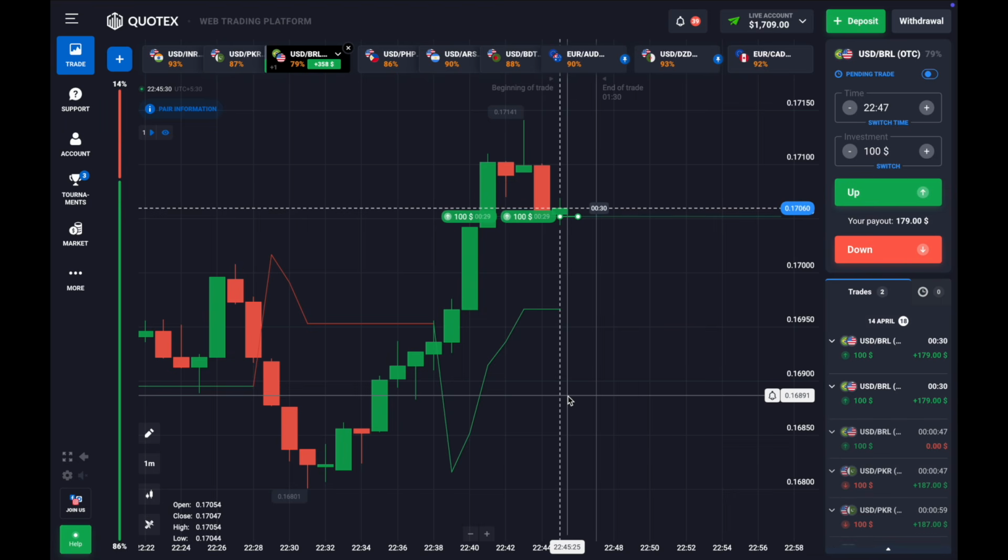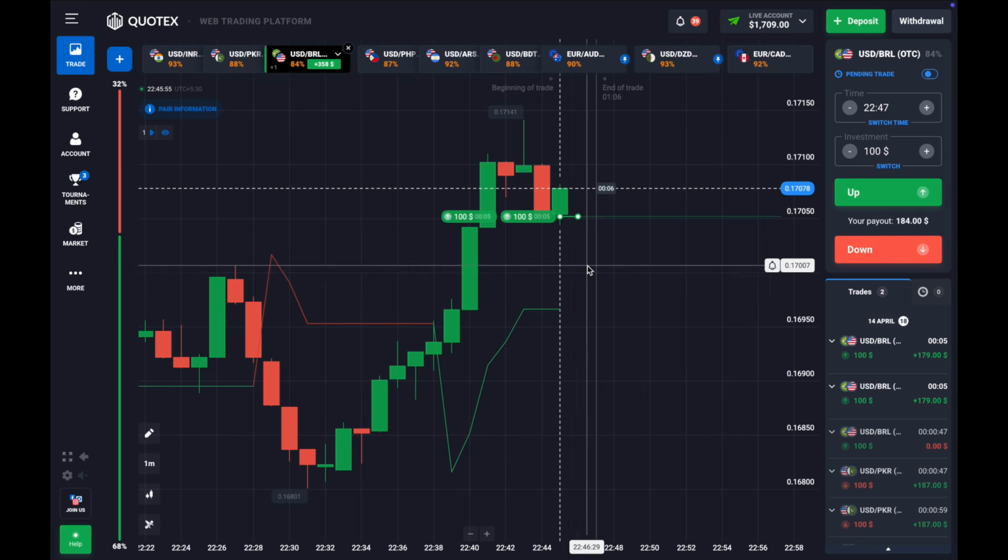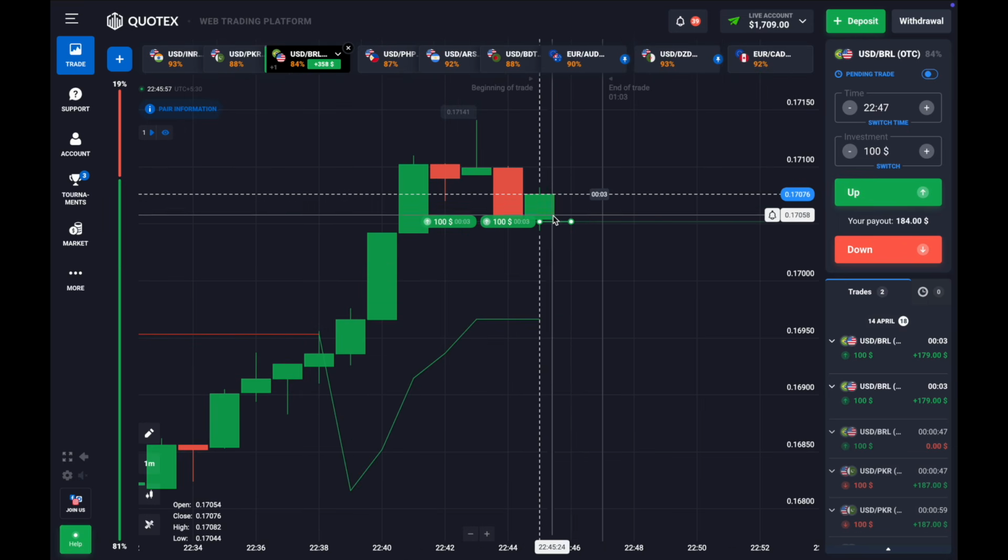The second confirmation is candles are moving above our super trend line. And the third confirmation, on the left hand side, big green healthy candles. That means buyers are in control of the market. Because of these confirmations, I've taken my marginal entry, Martingale entry, and this is going to be a 100% ITM trade.